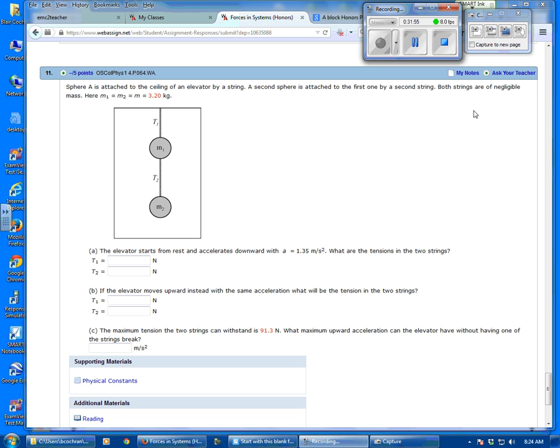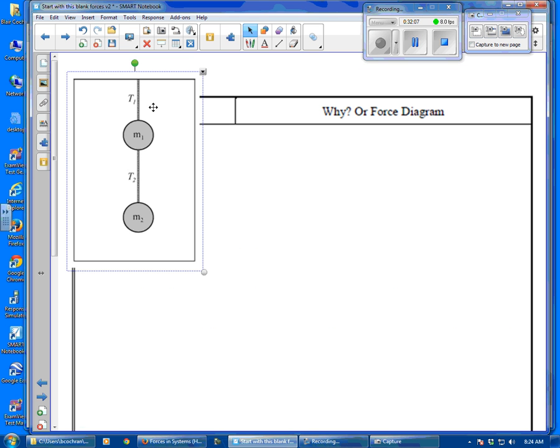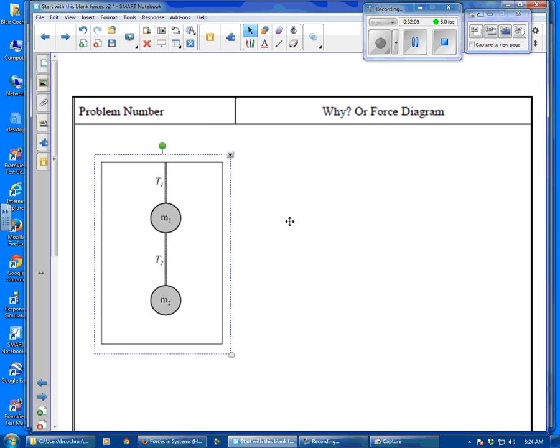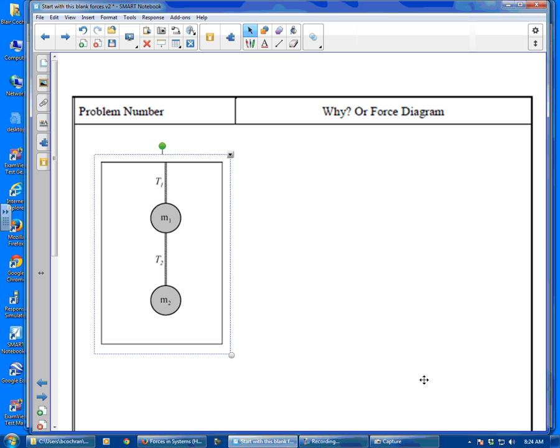Alright, so we're going to try number 11 here. And grab it. Kind of ironically, we're going to end up again with 3 force diagrams. It's a system with 2 bodies.